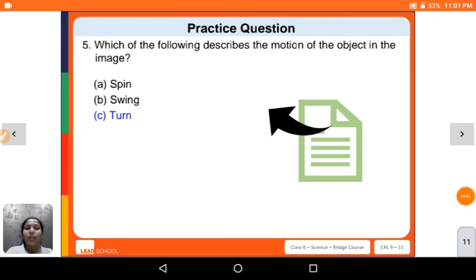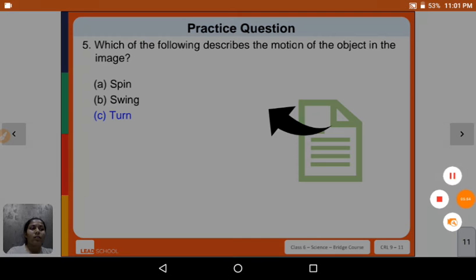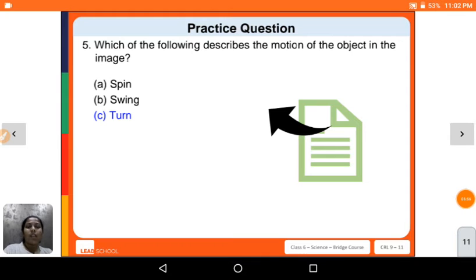Now make a table in your notebook, writing the 6 names which are spin, swing, turn, slide, bounce and roll, and give two examples of each.